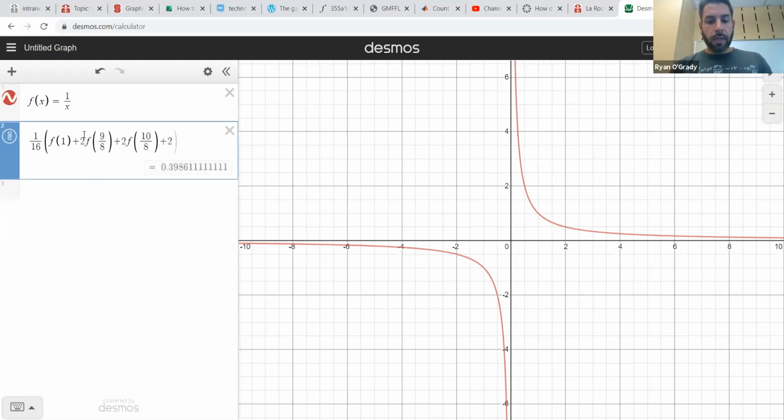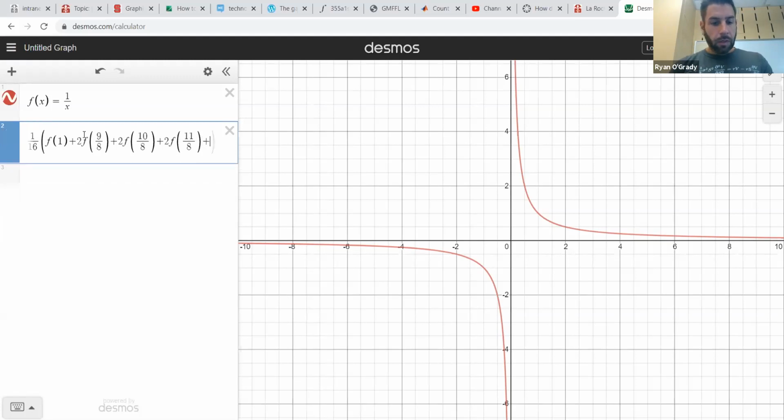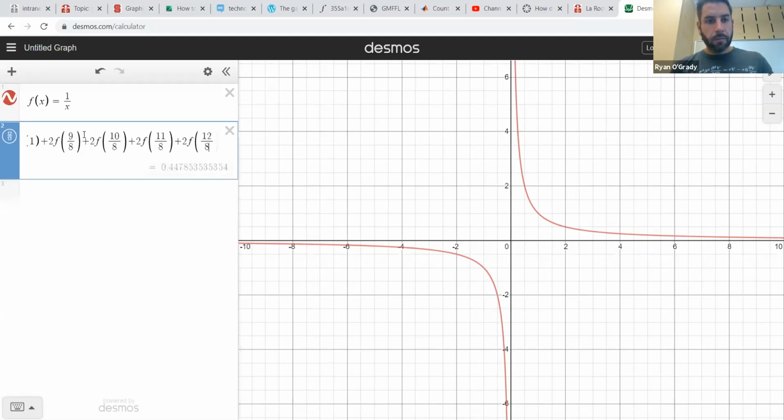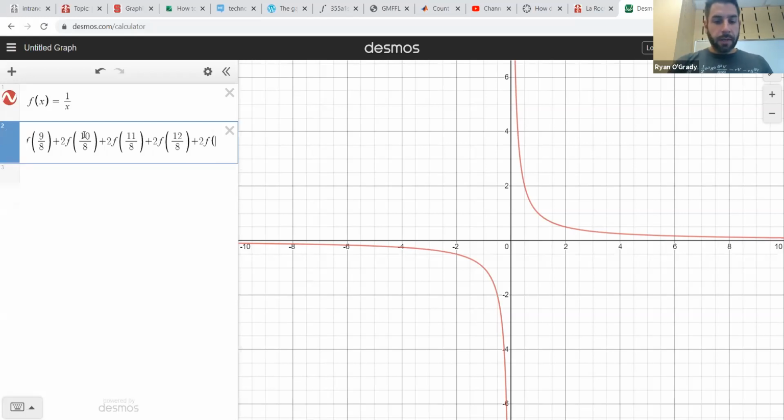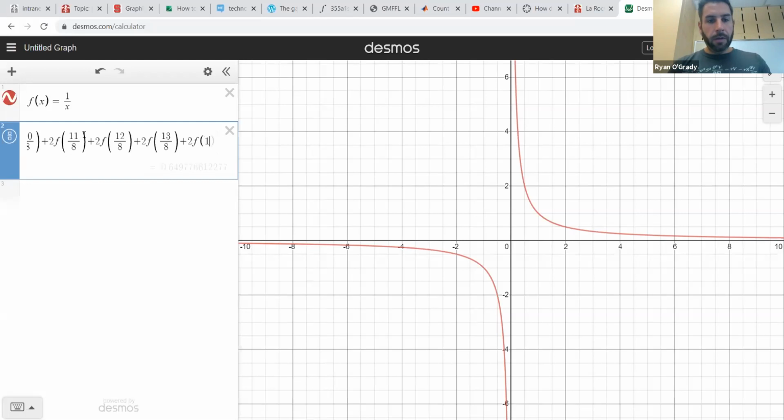Plus 2 times f of 11/8. Plus 2 times f of 12/8. Plus 2 times f of 13/8. Plus 2 times f evaluated at 14/8.